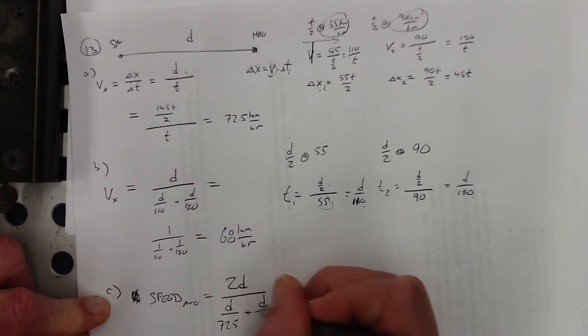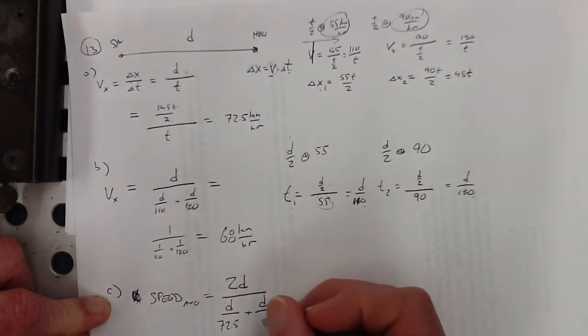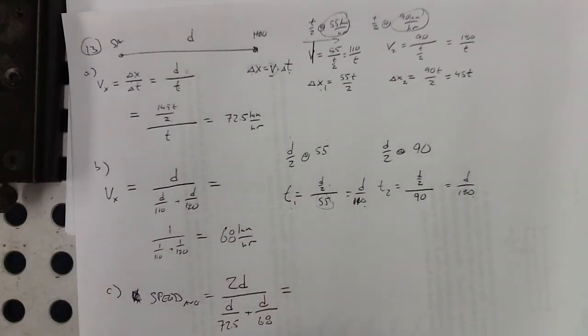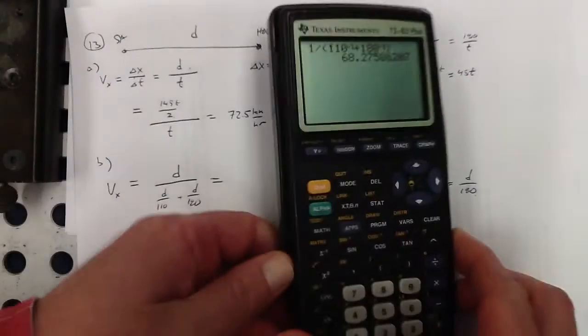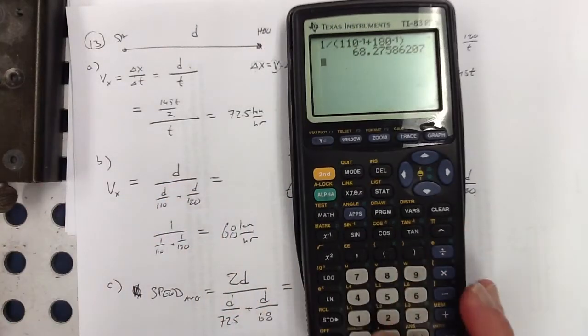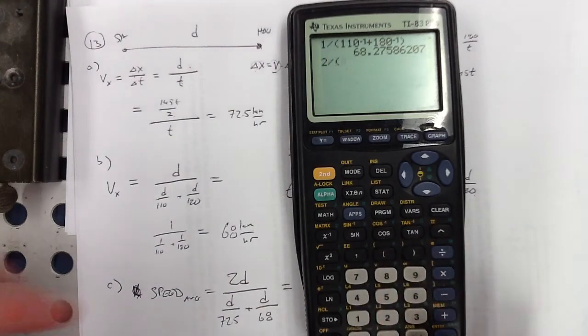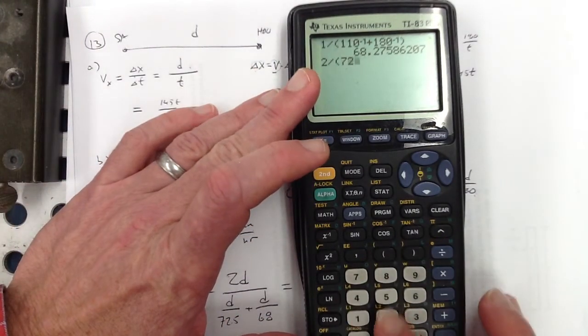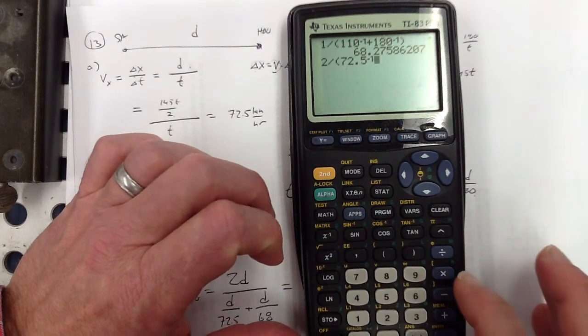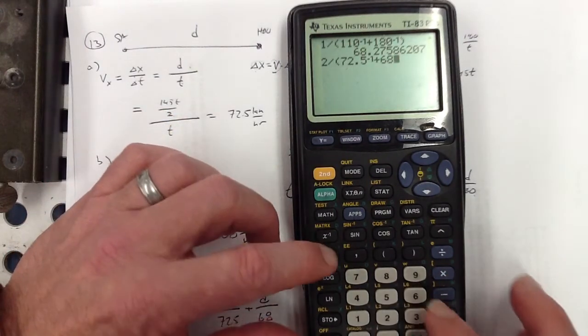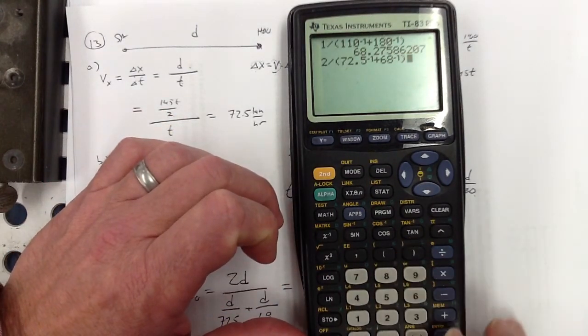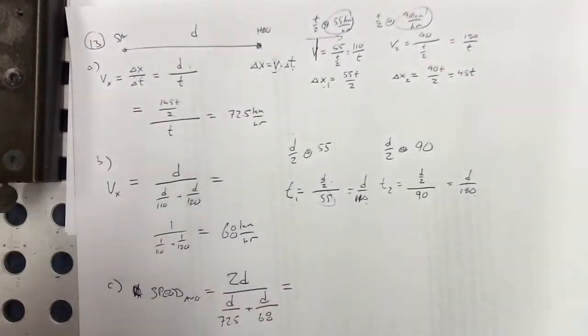On the way back, it sets up just like this one, or 68. So the d's all cancel out, and I get 2 over 72.5 upside down plus 68 upside down. That's about 70.